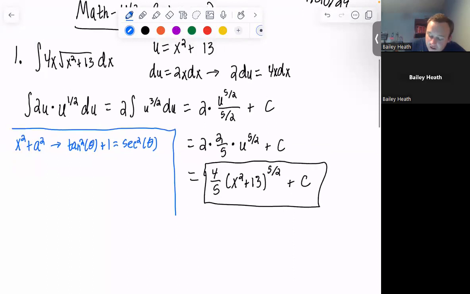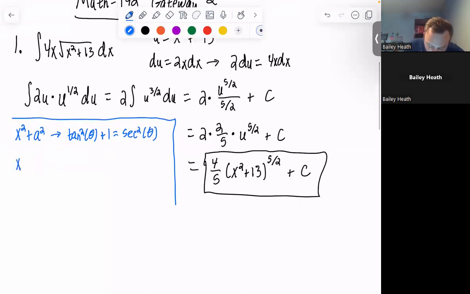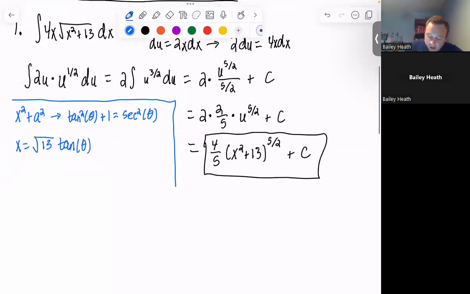Because a squared in this case is 13, the substitution that I would want to make here is x is equal to the square root of 13 times tangent theta, because then x squared plus 13 is going to be 13 tan squared theta plus 13, which if I factor 13 out of that, I get 13 times tangent squared theta plus 1, or 13 secant squared theta.